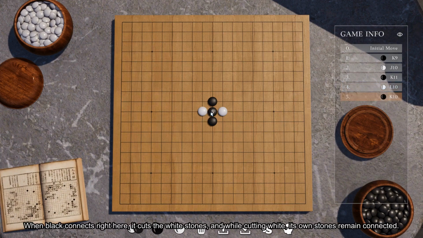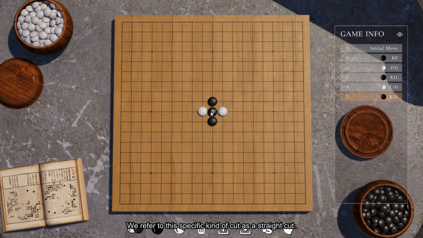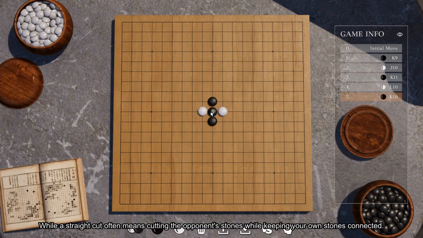When black connects right here, it cuts the white stones, and while cutting white, its own stones remain connected. We refer to this specific kind of cut as a straight cut. We can understand it this way. A diagonal cut is always a mutual cut, while a straight cut often means cutting the opponent's stones while keeping your own stones connected.